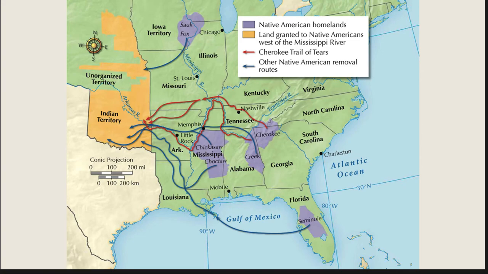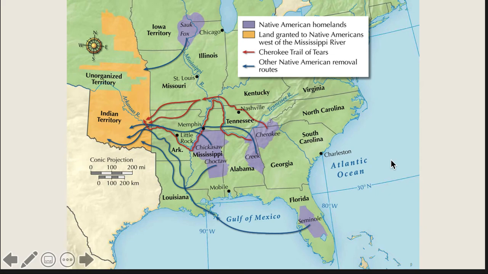Hundreds of miles that they are being forced to walk. They're not driving in cars, they're not on trains, they're walking, which is why many die of exposure. And you can see that the blue arrows are going to be where the Seminole, the Choctaw, the Chickasaw are also moving to the Indian Territory.